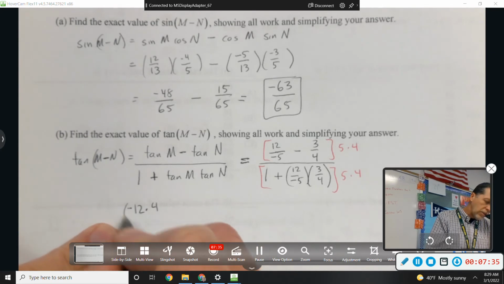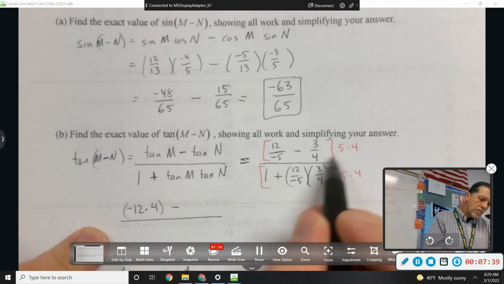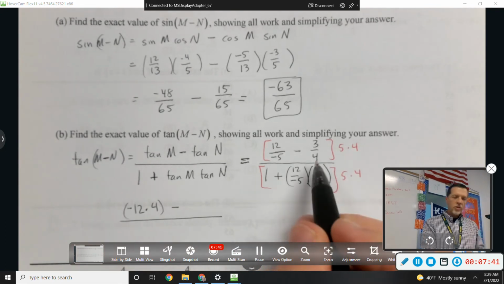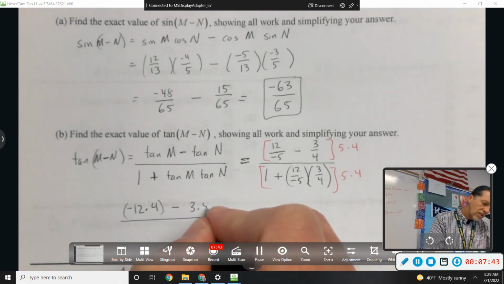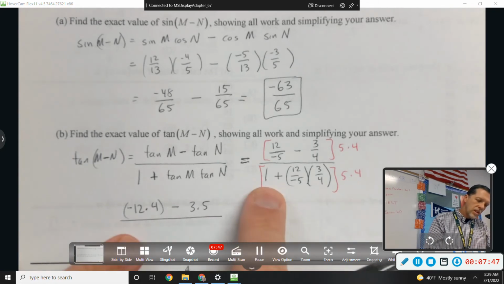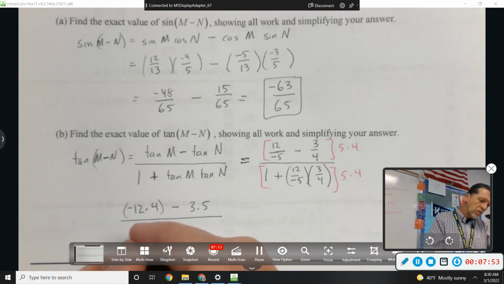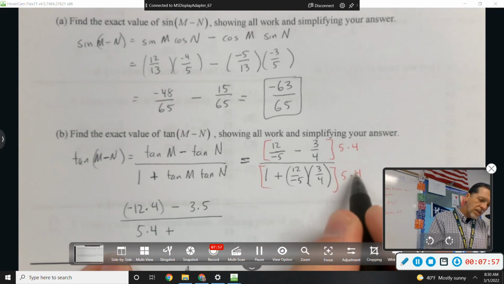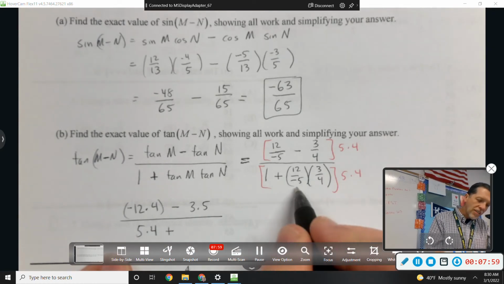So negative 12 times 4. Minus, second term, the 4s cancel. 3 times 5. Bottom, first term on the bottom, nothing cancels, so 5 times 4. And then on the second term, the 5 and the 4 cancel.